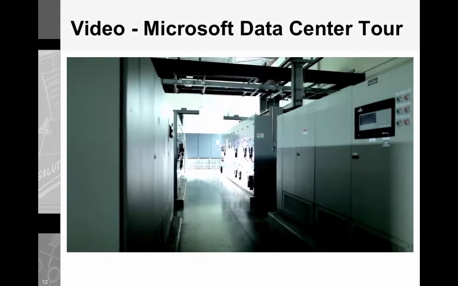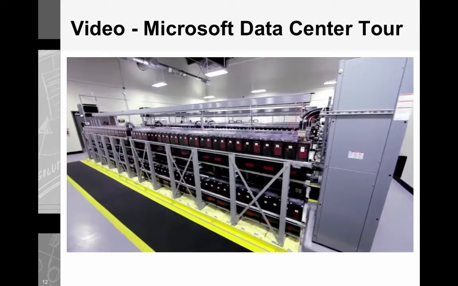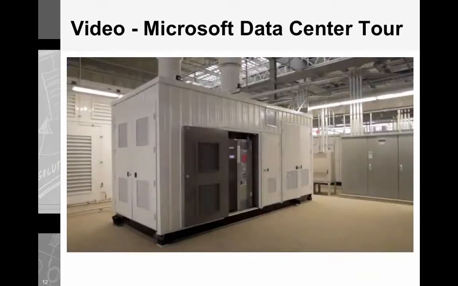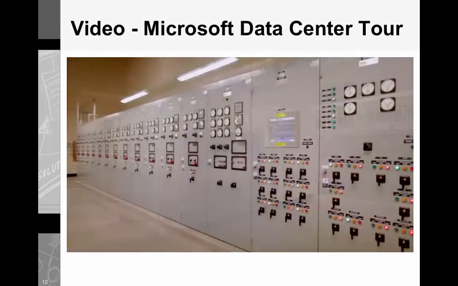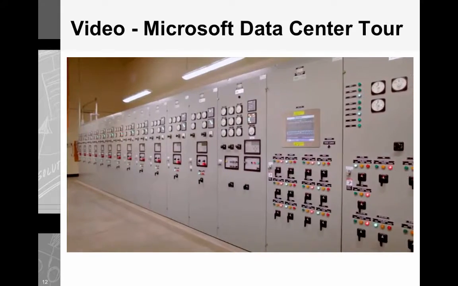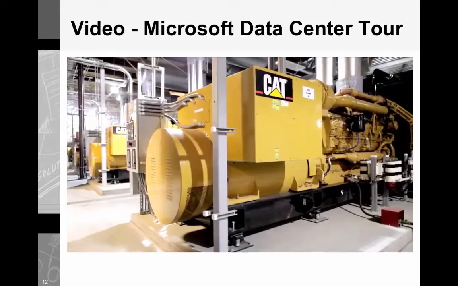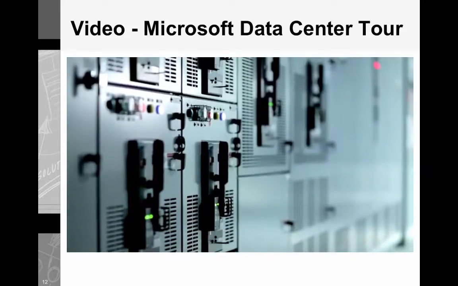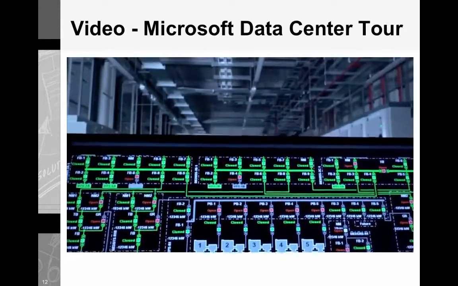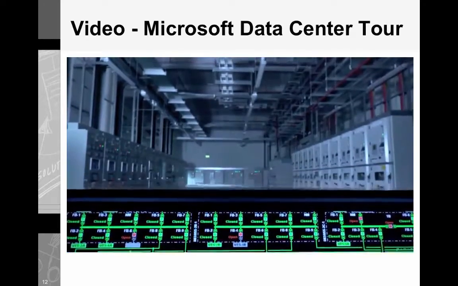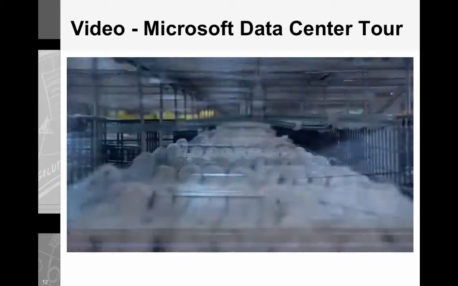Uninterruptible power supplies, or UPS systems, and vast banks of batteries help ensure power remains continuous in the event of a short-term disruption. Emergency generators provide backup power for extended outages and for planned maintenance, and can operate the data center with on-site fuel reserves in the event of a natural disaster.